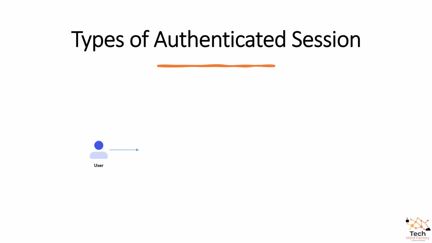Now let's talk about this scenario in more detail. There is a user, and the user is using a browser to access a specific web application. When the user authenticates against Auth0, an Auth0 session is created.